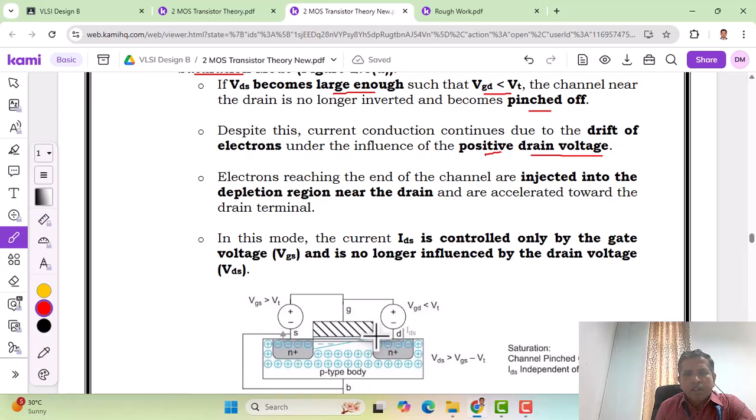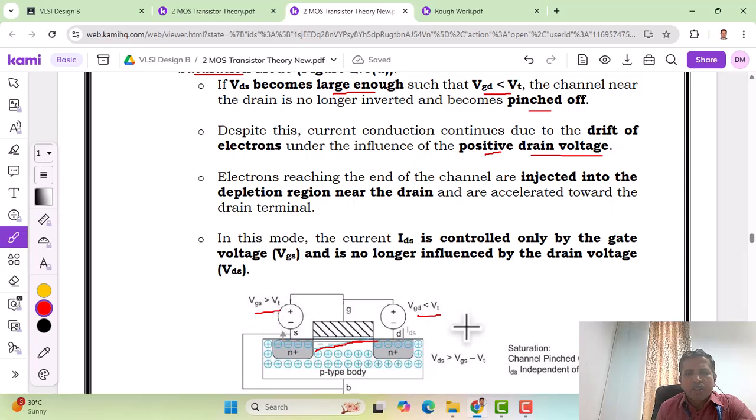On the drain side here, the channel gets saturated. So there is a drift of electrons from the source to drain because of the drain source voltage that we applied. And VGD in this case for saturation will be less than VT, and VGS will be greater than VT.